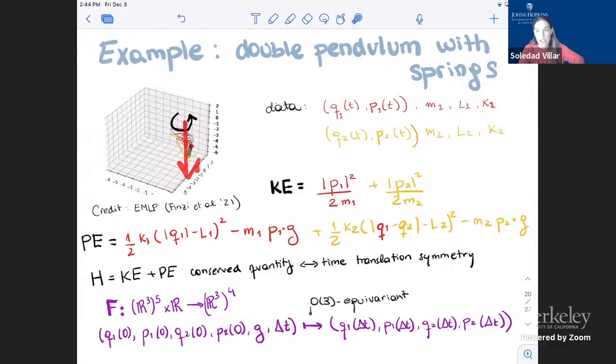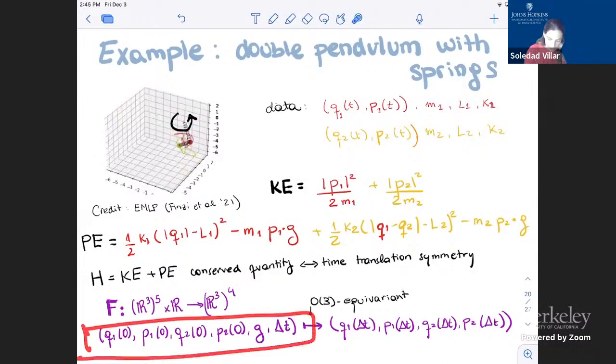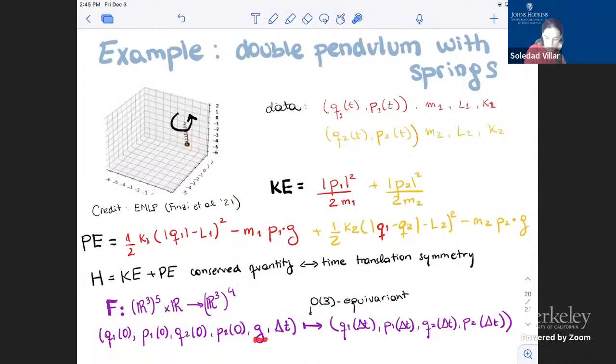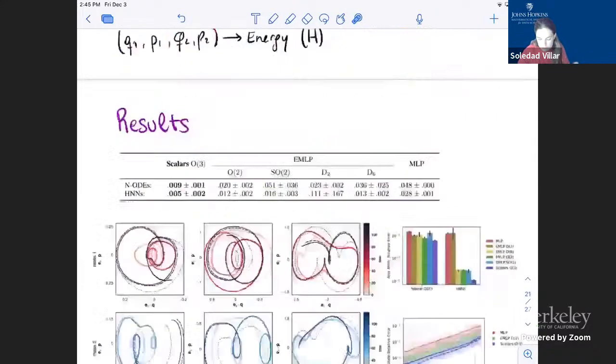So if I change everything and I rotate the gravity vector as well, then the system is equivariant. So this is what I'm learning: given initial positions and momentums of the first mass and second mass plus the gravity vector plus time, I'm going to learn what the system looks like in this delta t time step.